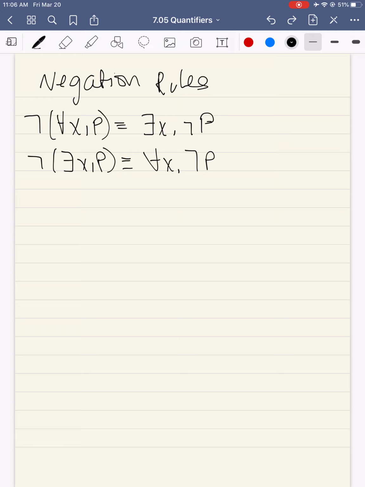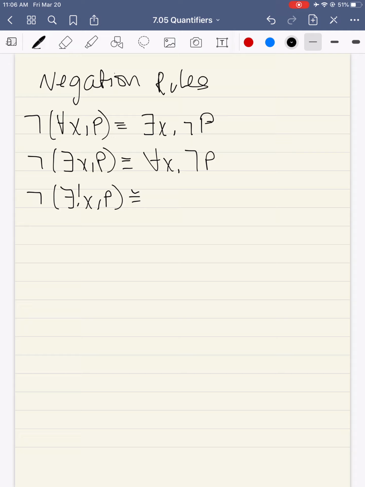The last one's a little weird, I do have to admit. So bear with me and we will do an example for this one so that you get a good grasp on what exactly this is talking about. So for the exactly one negation, this is going to be logically equivalent to an or statement.